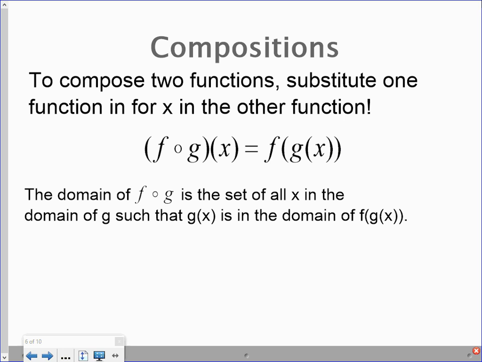The domain of the composition is the set of all x in the domain of g, such that g of x is also in the domain of the new function, f of g of x. So this is my new function, and g of x is my inside function.